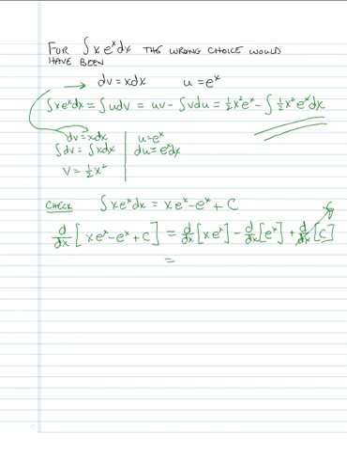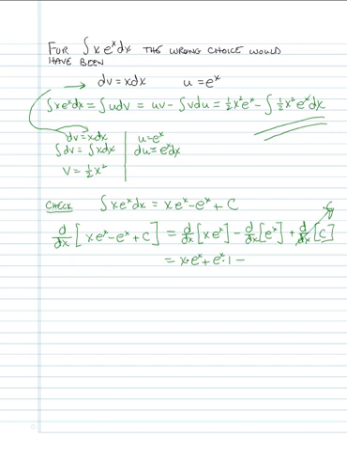Now, the derivative of x e to the x would have to use the product rule. So we'll say the first function times the derivative of the second, and the derivative of e to the x is just e to the x. And then we'd say plus the second function times the derivative of the first, and the derivative of x with respect to x is just 1.